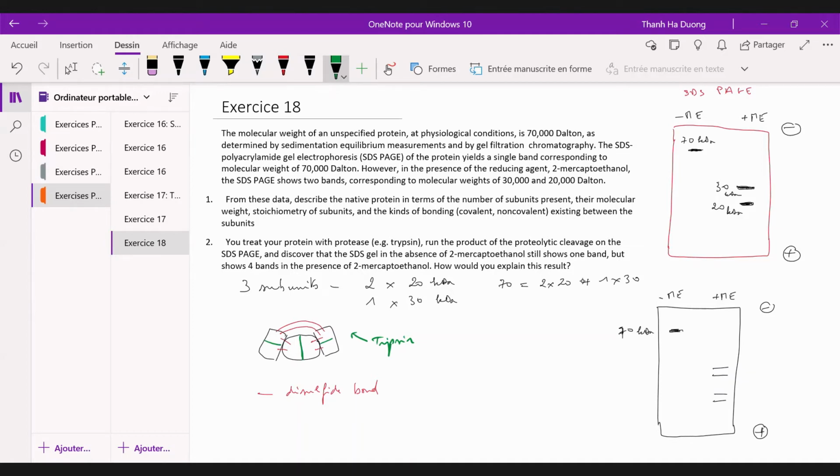So we just need to describe how many subunits of each type. Yes, that's all. You have to give the different types of subunit with different masses and how many of each subunit you have. So you have 3 subunits, 2 of 20 kilodalton and 1 of 30 kilodalton. Okay.